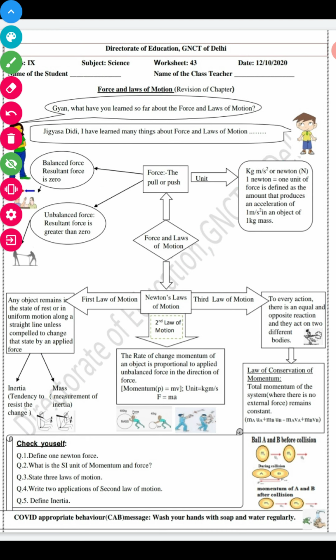Okay, next we have third law of motion: every action has an equal and opposite reaction, and they act on two different bodies.